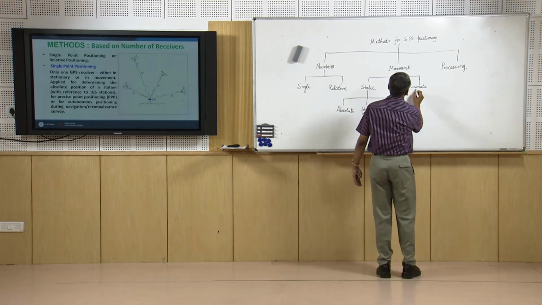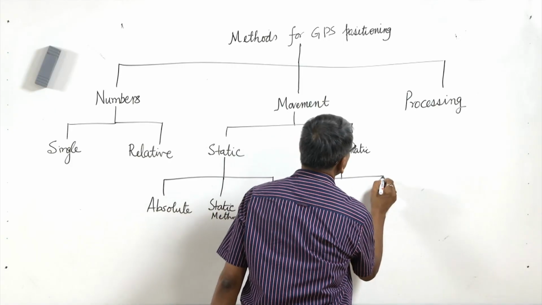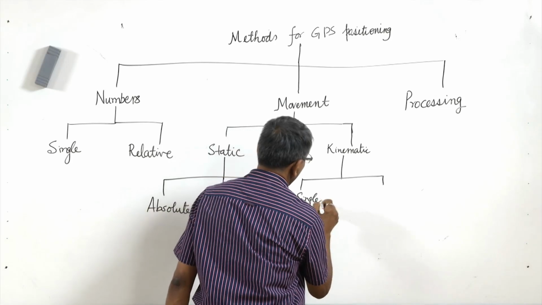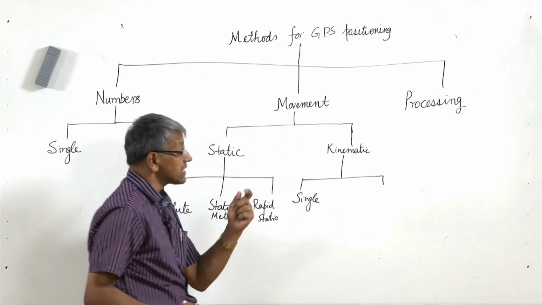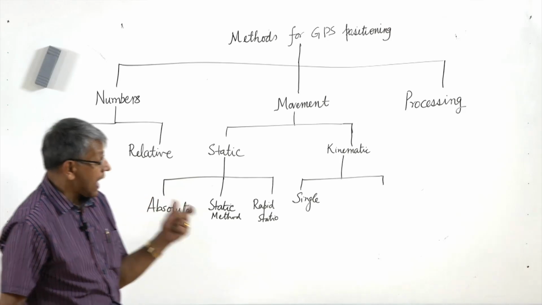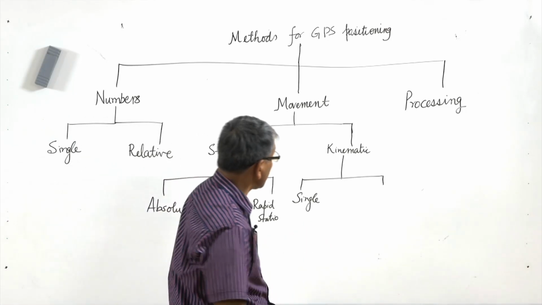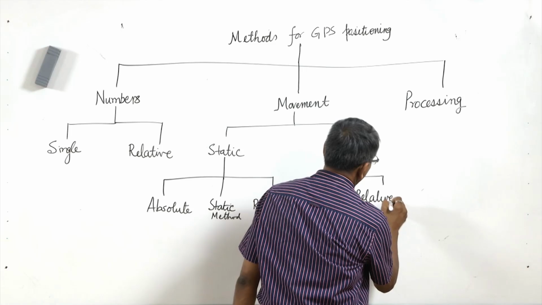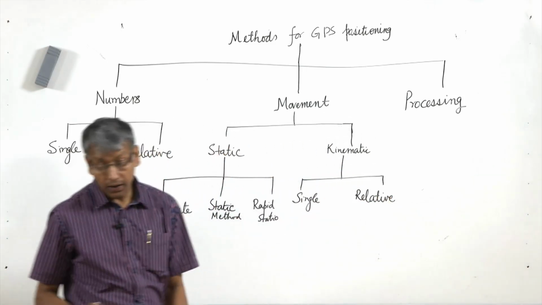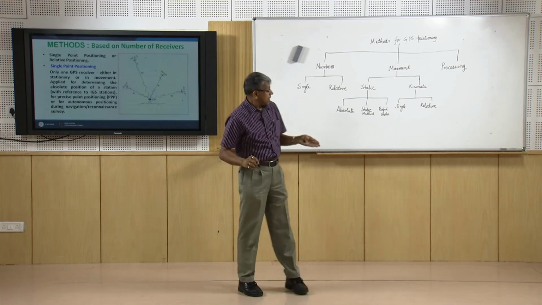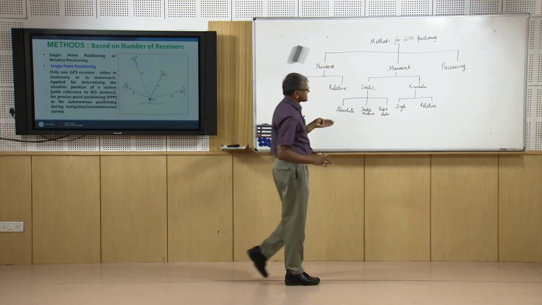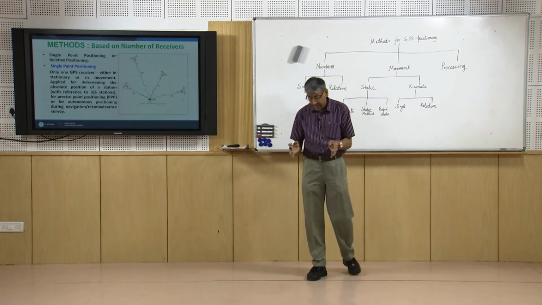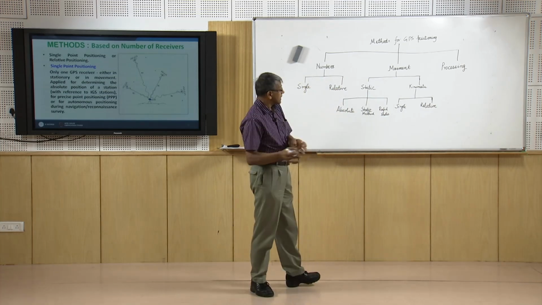And under kinematic there may be 2 types. One is called single kinematic, where a single receiver will be used and that will be in movement condition, and a relative kinematic where there will be at least two receivers, of which one will be in a static condition and the other will be in a kinematic condition.